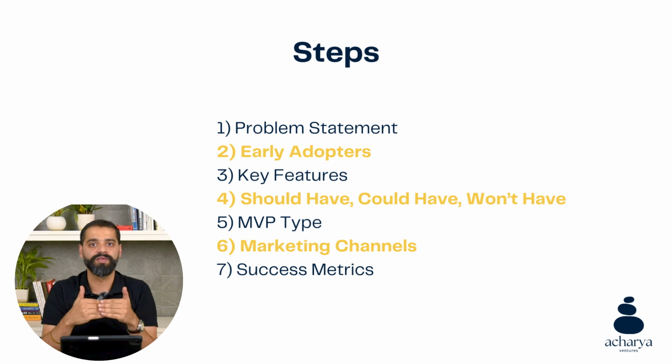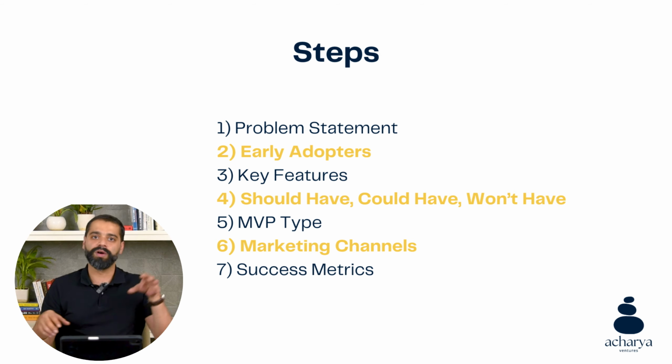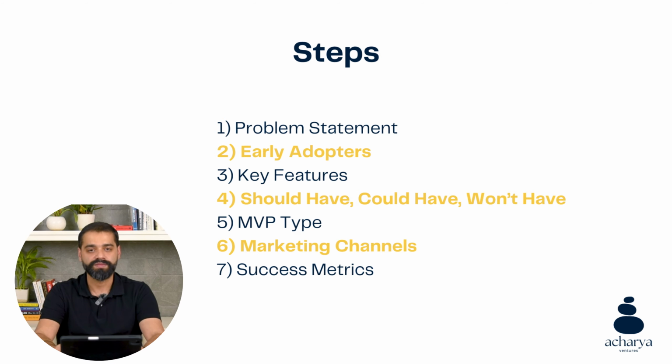List down all the key features, divide it into a should have, could have, and won't have category, decide the type of MVP that you want to have, understand what are going to be the initial marketing channels that you're going to be using, whether it's your network, whether you're going to go door to door, whether you're going to run ads initially, and finally decide what are the initial success metrics going to look like for you.